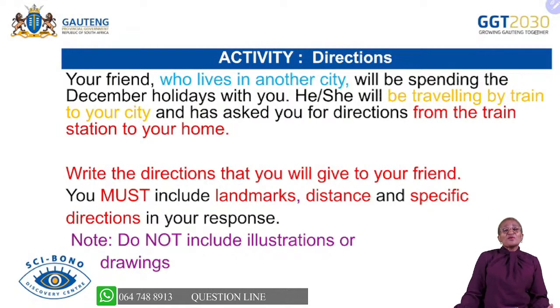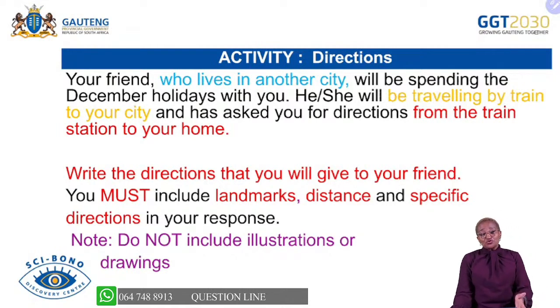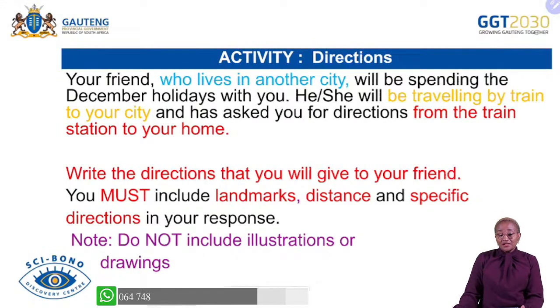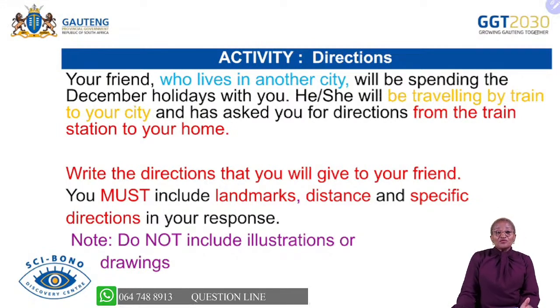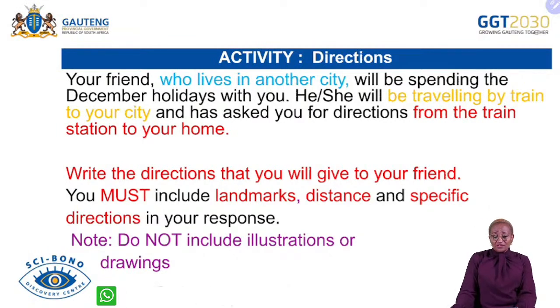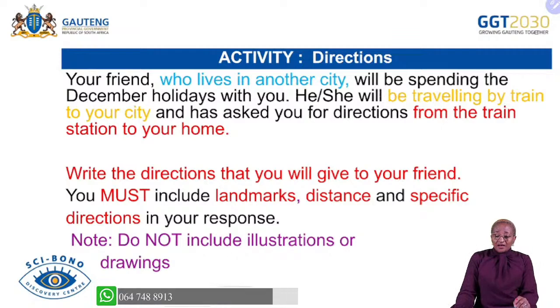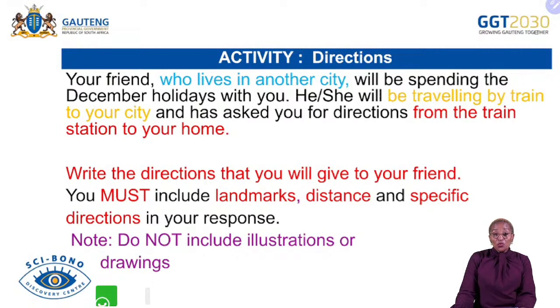It is also important that you take note as you try to answer this activity. In your response, be mindful of the expected length. And I'll tell you why I say that. Remember, your friend in the brief says he will be traveling by train to your city, and he or she has asked you for directions from the train station to your home.